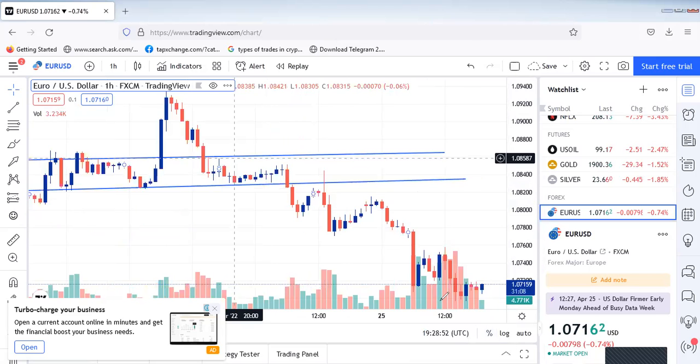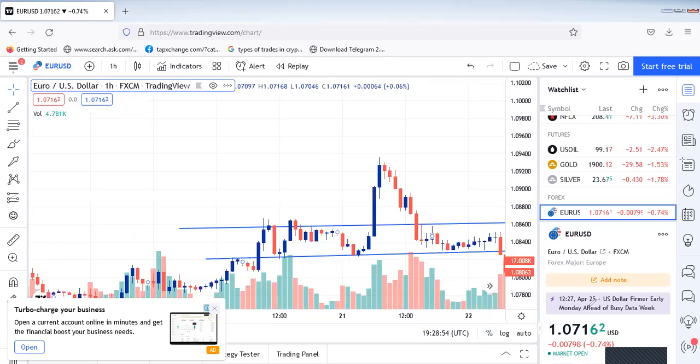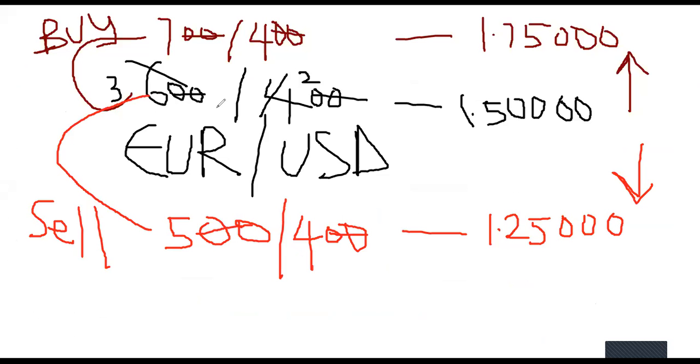So let me explain quickly. The body of the candle, let me explain to you. Okay, let me clean this now since I'm through with this. The candle is like this.